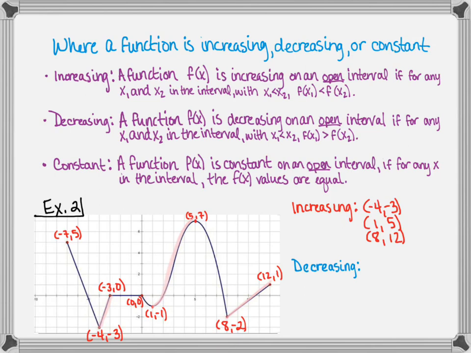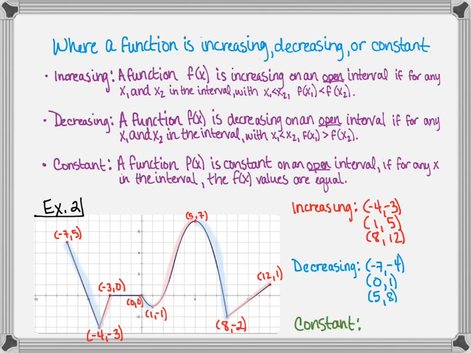And as it sounds, we're looking for where the function looks like it's decreasing from left to right. So on this first interval here, where x is going from negative 7 to negative 4, then over here where x goes from 0 to 1, and finally here where x goes from 5 to 8.